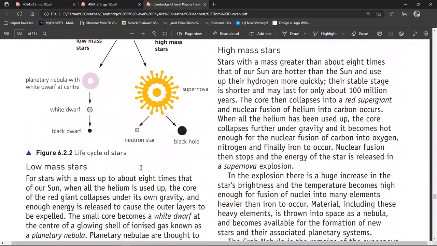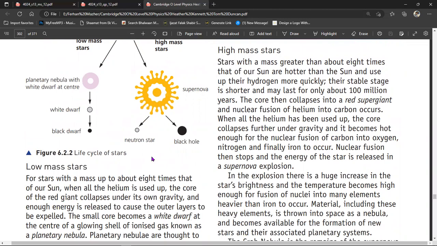Okay, so now we have what will happen with the high mass stars. Stars with a mass greater than about 8 times that of our sun are hotter than the sun and use up their hydrogen more quickly. Their stable stage is shorter and may last for only about 100 million years.